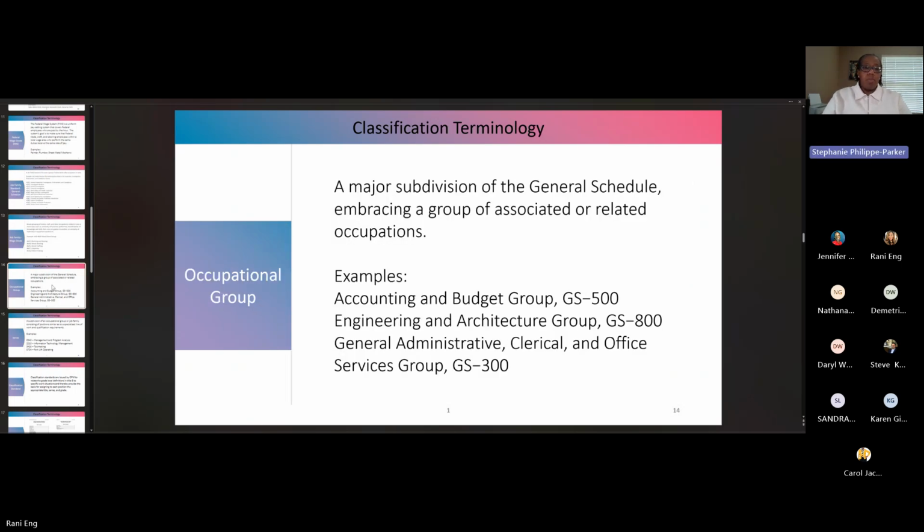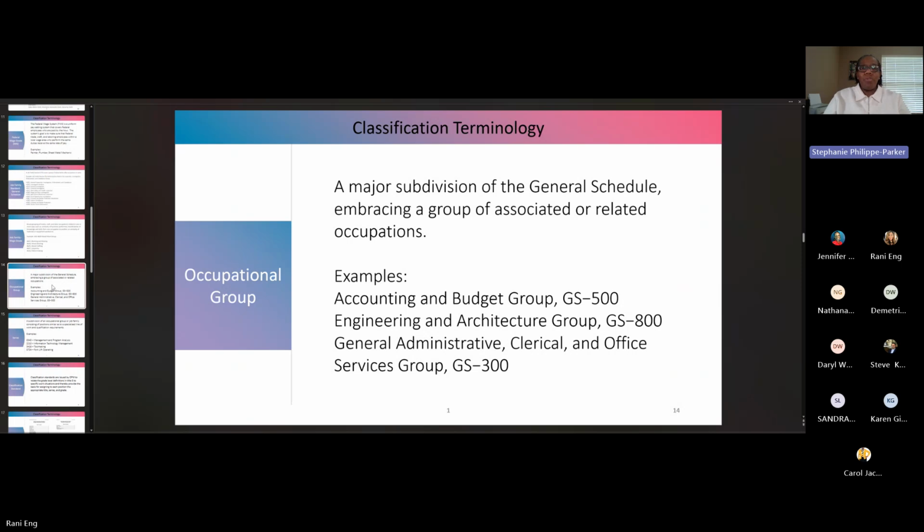Similar to job families are occupational groups. Occupational groups are a major subdivision of the general schedule, embracing a group of associated or related occupations. Essentially, occupational groups are just a bigger group of related occupations. For instance, you will have the occupational group of accounting and budget, which is the GS 500 series.